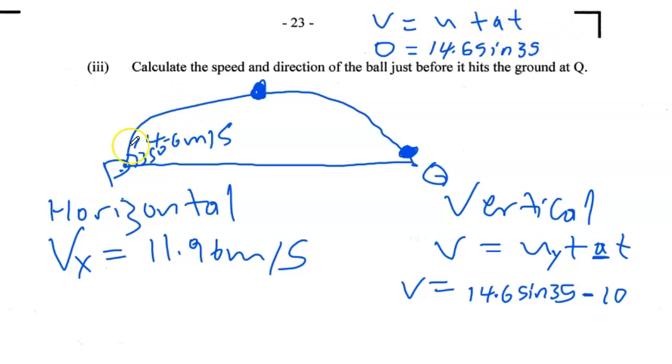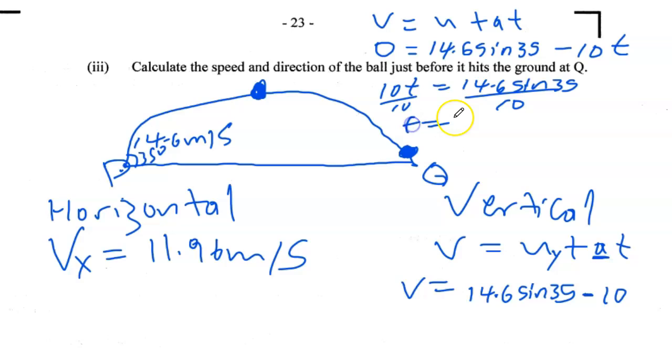And A is -10, since going up against gravity, so -10 times T. So we can transpose, which means bring over the 10T, so 10T will be equal to 14.6 sine 35. Divide both sides by 10. So T would be equal to 14.6 sine 35 divided by 10.